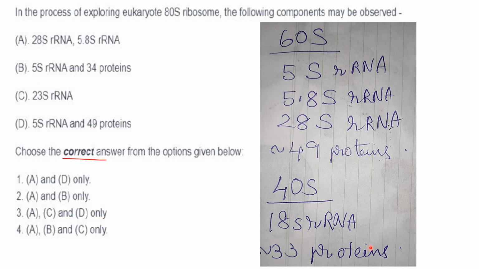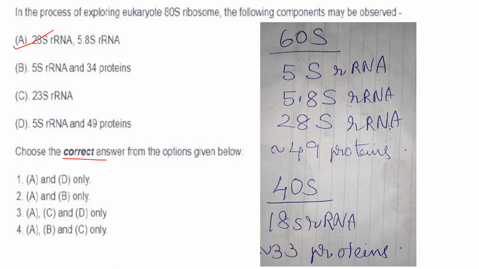Now you have to choose the correct option. So A, 28S rRNA, 5.8S rRNA. There is 28S rRNA and 5.8S rRNA in your 60S subunit, so A is correct.